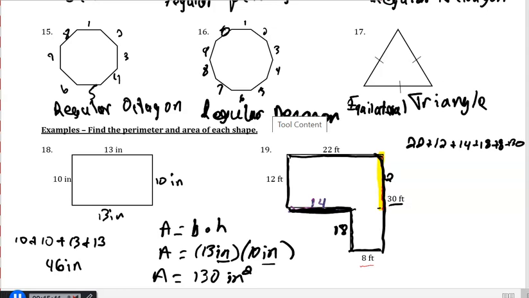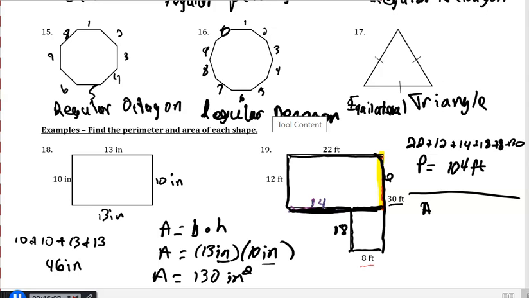Okay. Add all those up. And we should get our perimeter to equal 104 feet.